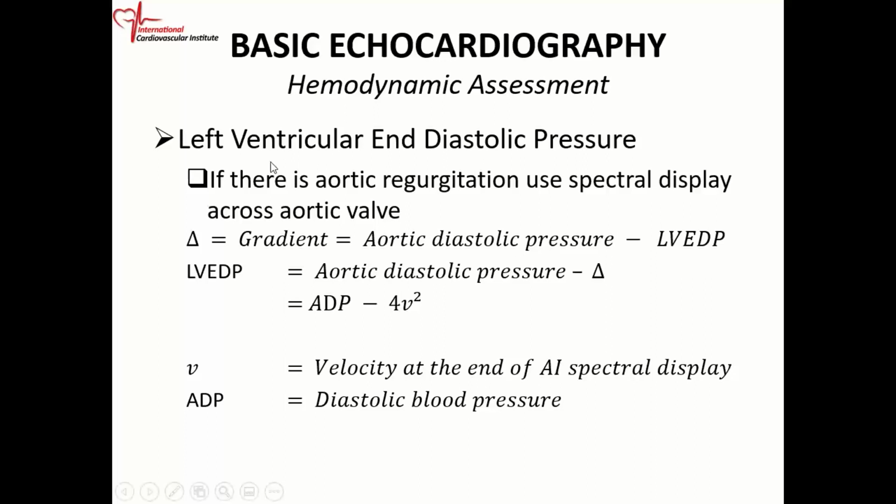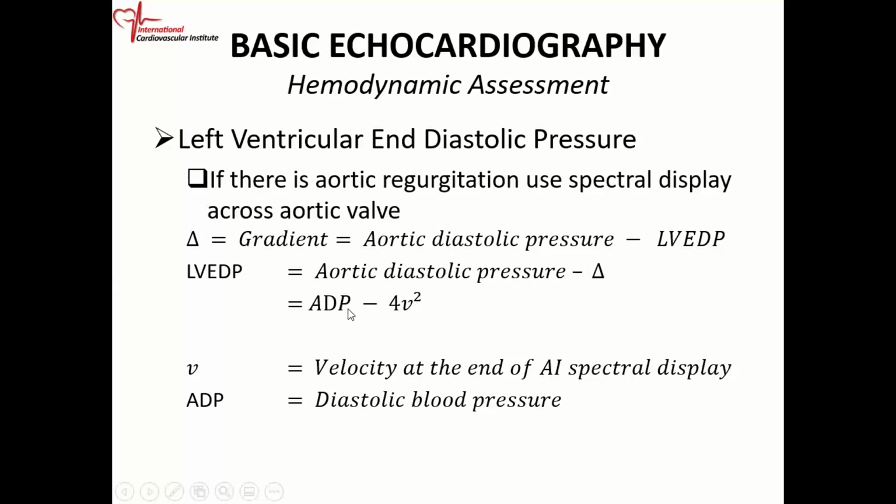So we're talking about the aortic diastolic pressure minus the LV end diastolic pressure, that's the gradient, and all gradients from the modified Bernoulli equation are equal to 4V squared. So if we want to calculate the left ventricular end diastolic pressure and we rearrange the equation, then the left ventricular end diastolic pressure is equal to the aortic diastolic pressure minus the gradient.